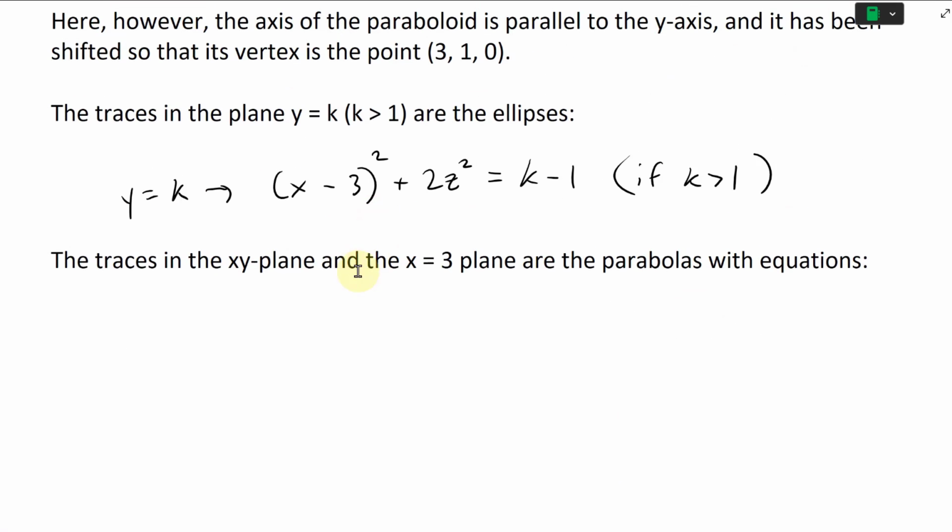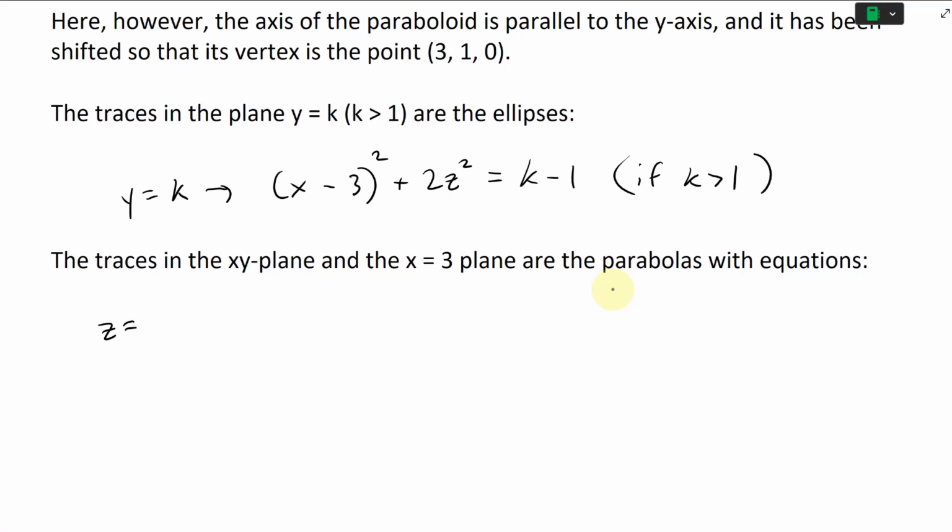All right, going further, the traces in the xy plane and the x equals 3 plane are parabolas. Recall the xy plane is the z equals 0 plane, so we'll put z equals 0.